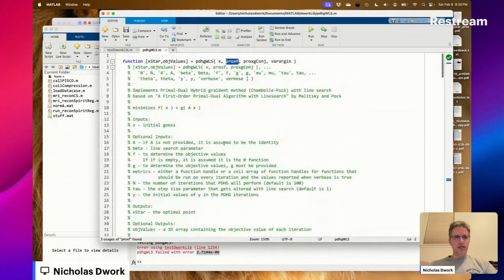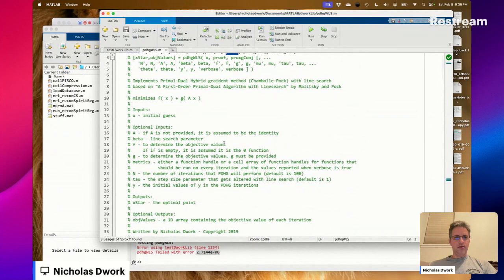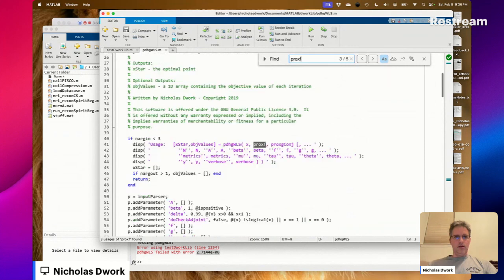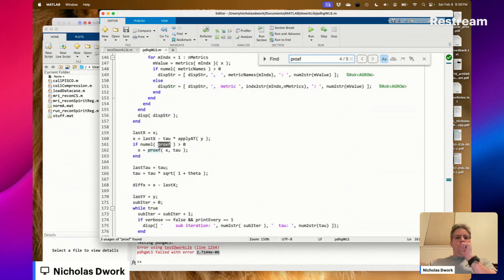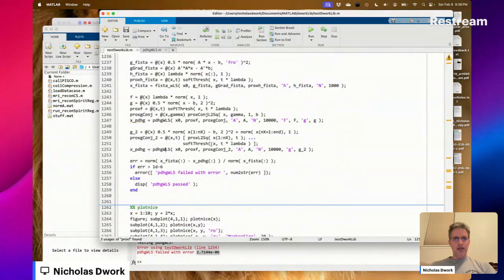It must take prox f, but you could supply nothing.